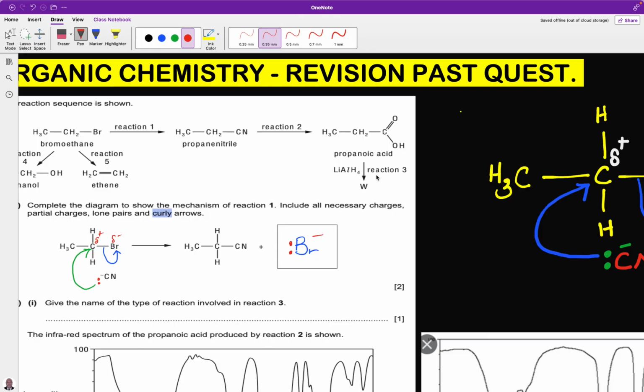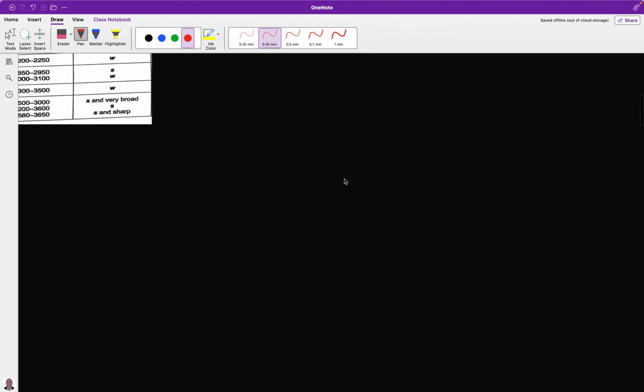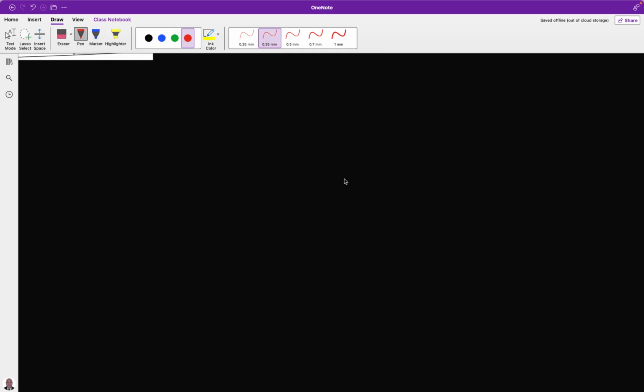So in this case, you will see that reduction reaction is the reverse of oxidation reaction. For instance, for the purpose of revision, we will have primary alcohols.